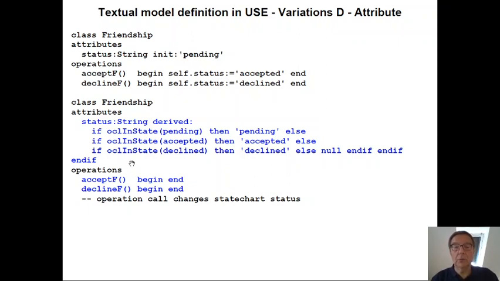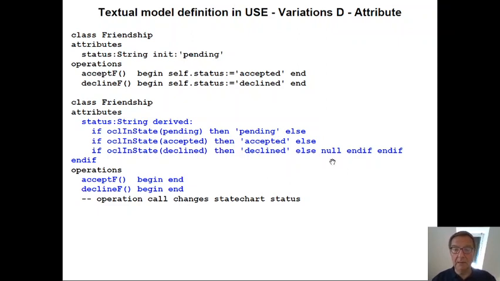And what I'm doing here is very simple. If the state machine is currently in state pending, then I'm returning the string pending. If it is accepted, then I'm returning the string accepted, and analogously for declined.